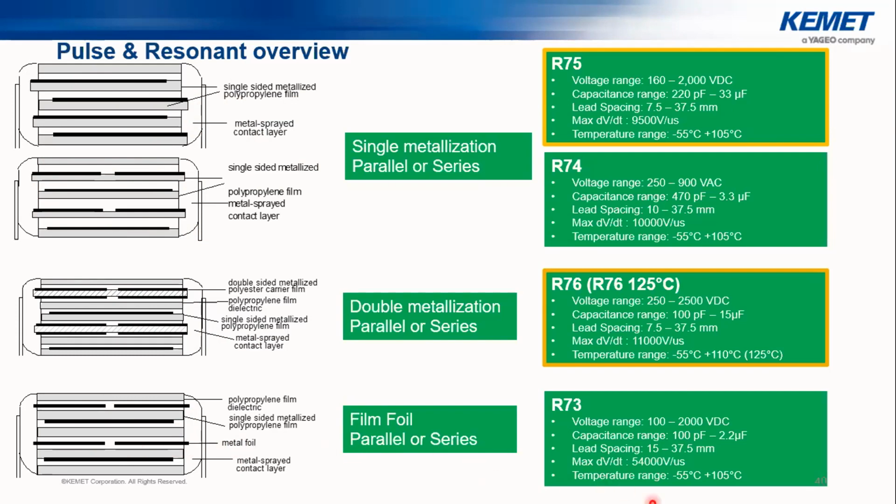In this case, we are also able to increase the dV over dt much higher. So just to mention, we have designs specific for different applications, and we consider all the difficulties and problems that these kinds of capacitors should handle, and we adapt our design and technology to avoid the problems as much as possible.